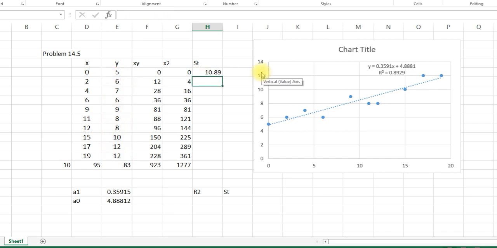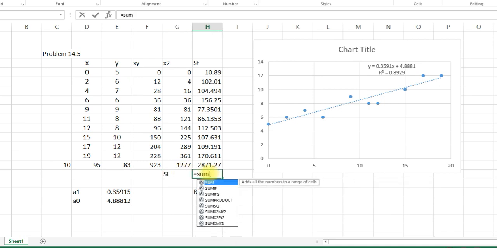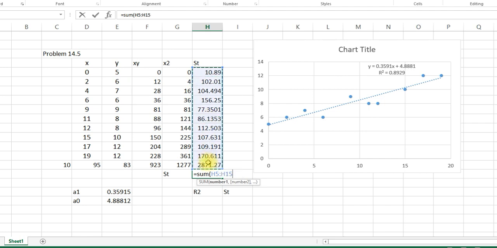Okay, and then your ST is basically the sum of those. So this is ST basically. Here it's y minus mean y, square.